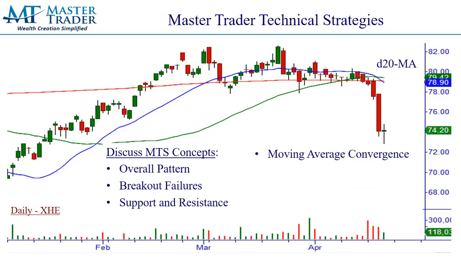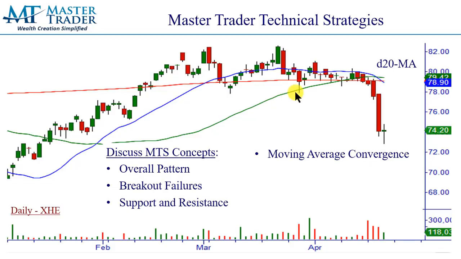What about moving average convergence? Moving averages are very simply a squiggly line. It helps us speed up the analysis, but they're meaningless unless they correspond with actual support and resistance areas. Notice how all three of these, they're telling a story. The last 20 days of data flattened out and is starting to curl down.